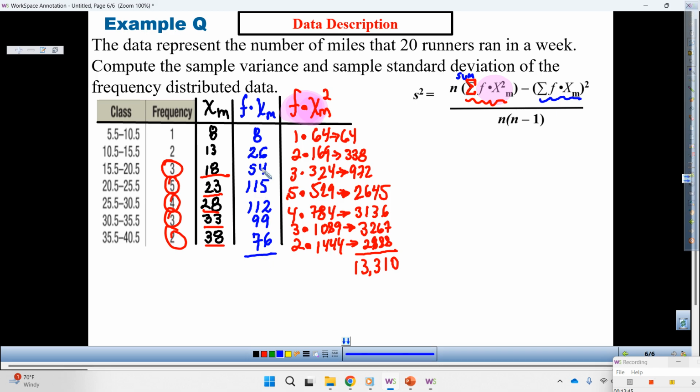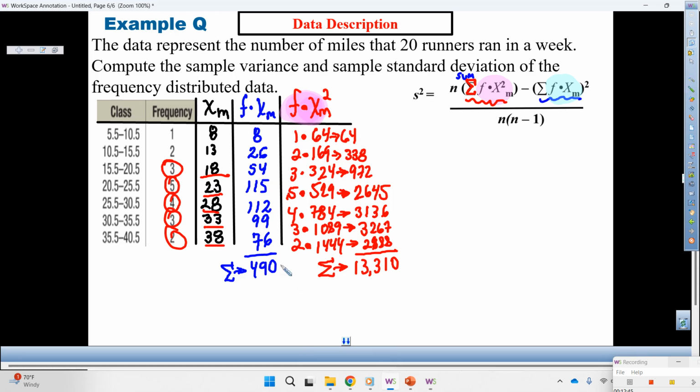The blue column. 8 plus 26 plus 54 plus 115 plus 112 plus 99 plus 76 is, Julius? Yep, just the sum. 490. All right. So, I'm going to label this one in blue so that we know what to substitute where.